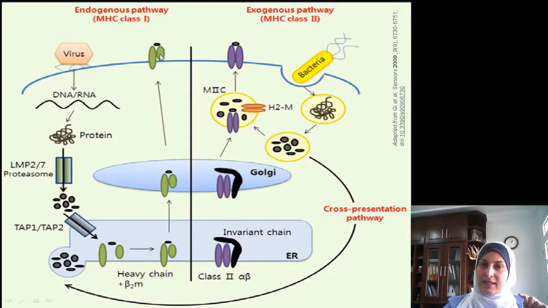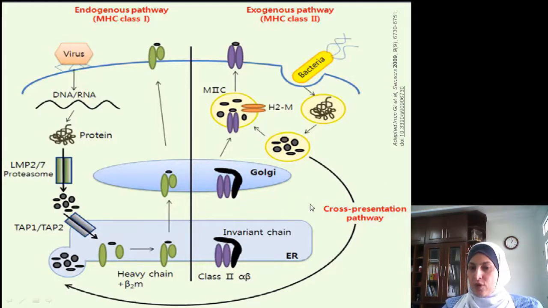Now the antigen is properly presented using the MHC1 molecule. This can be recognized by a CD8 T cell, and the CD8 can know that this cell is virally infected, will come and bind here, get activated, and act as a cytotoxic T cell and start killing this virally infected cell.